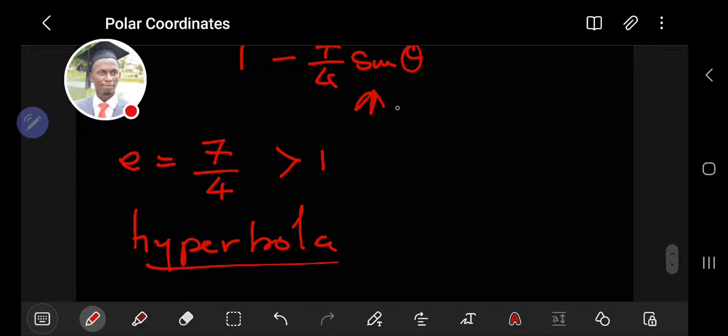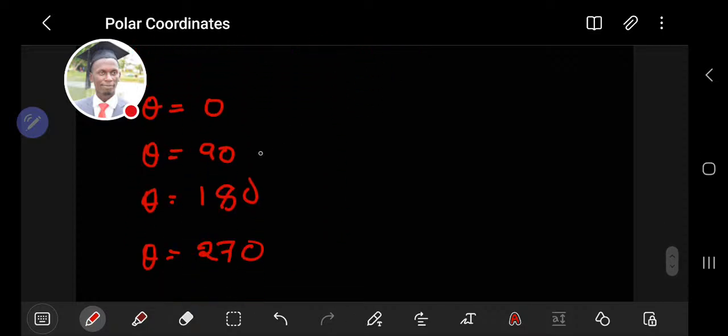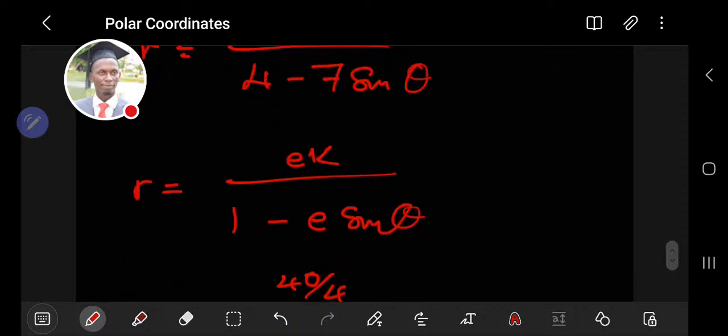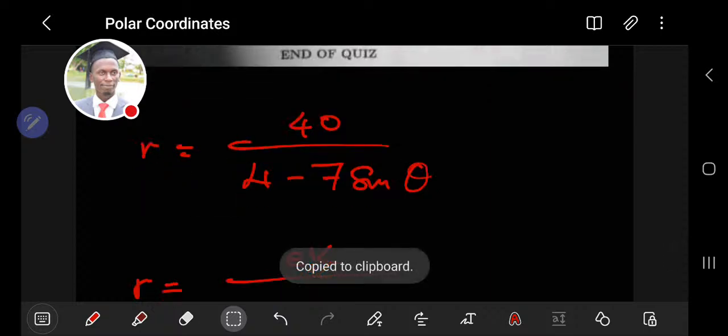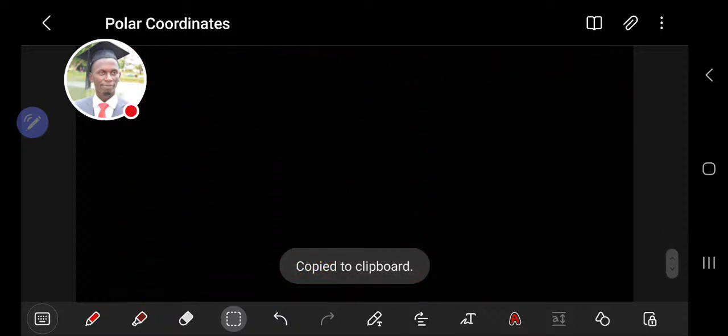Since I'm dealing with sine here, we're going to stick with the ones that will matter for sine, which is 90 and 270. So in this case, we want to know what r is for angles 90 and 270.